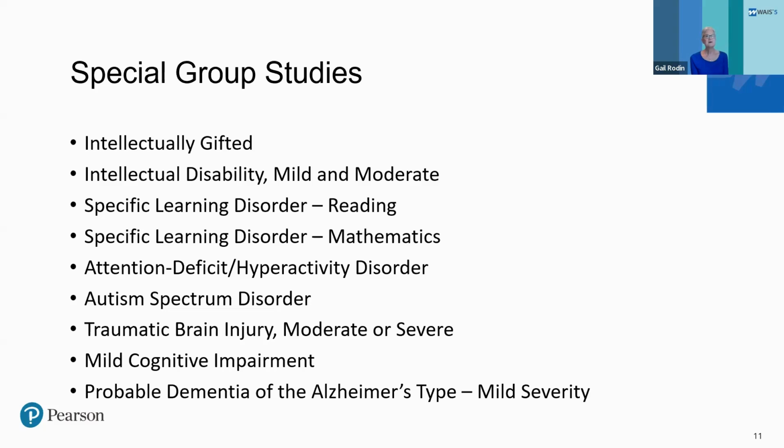It's going to cut down the time significantly that it takes to assess a gifted individual, which is really nice. We also have intellectual disability, mild and moderate, SLD in reading and math, ADHD, autism spectrum disorder, TBI, both moderate or severe, mild cognitive impairment, and probable dementia of the Alzheimer's type, and that's a mild severity.